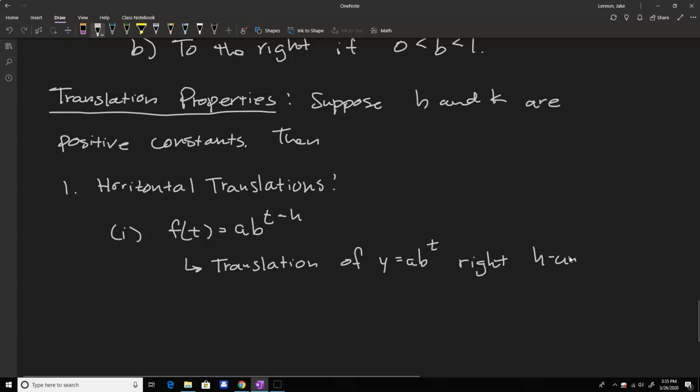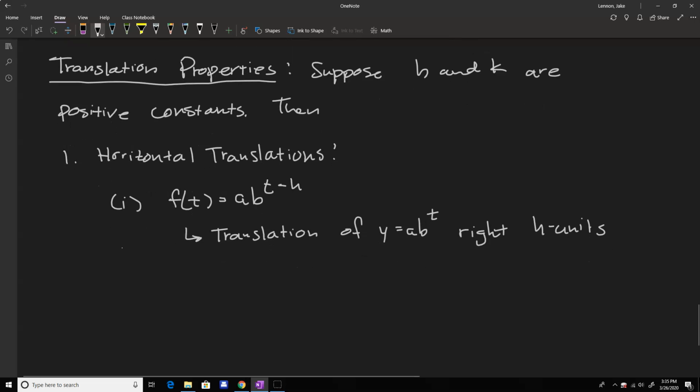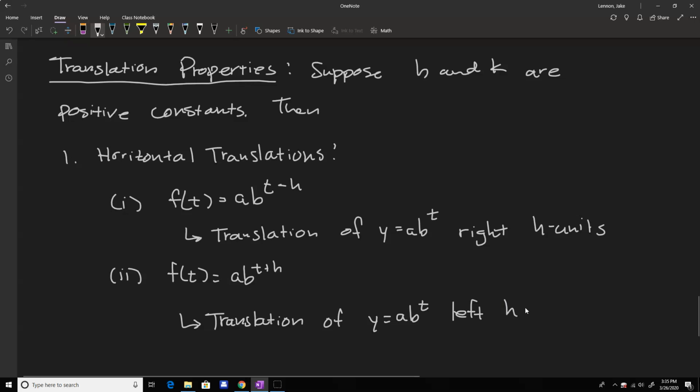If instead in the exponent we did a plus h rather than a minus h, so f of t equals ab to the t plus h, what happens now is instead of going to the right, it goes left. So this is a translation of y equals ab to the t left h units.